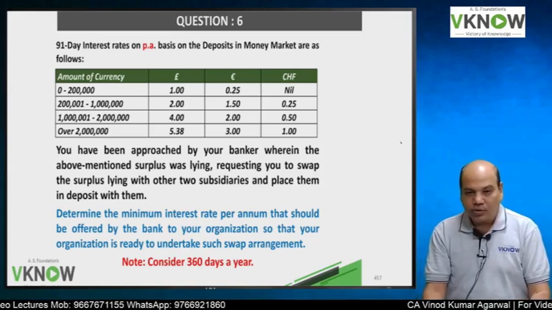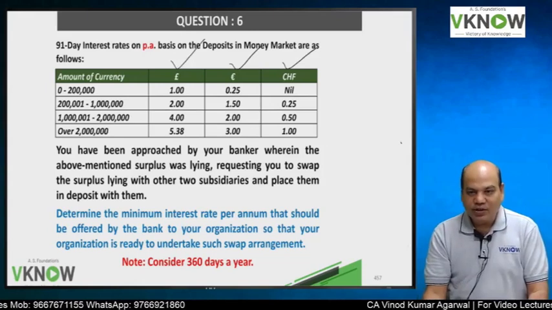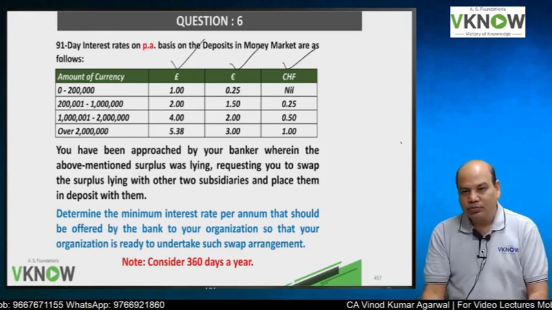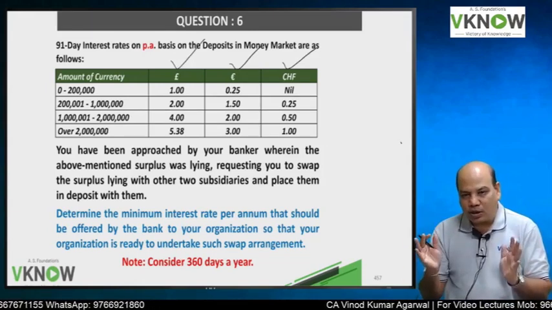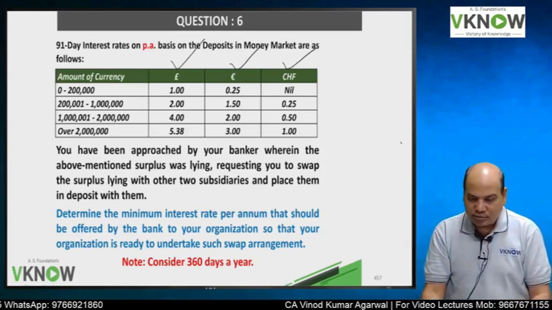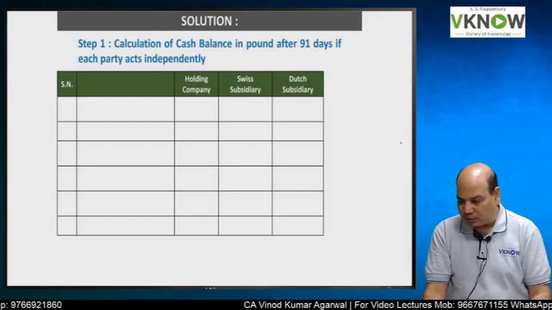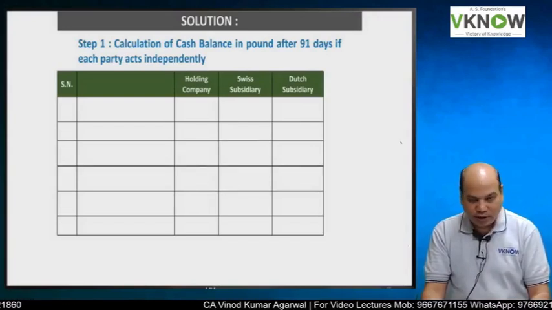Is it right? So what will be my first task? My first task will be to find out if each party invests on their own, how much will be the amount on maturity? So some simple calculation we will perform now. Students are requested to start writing.